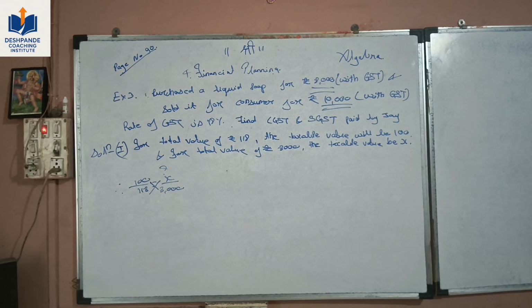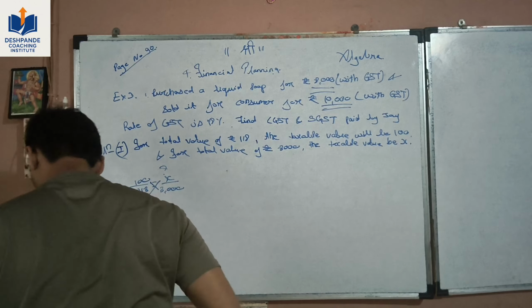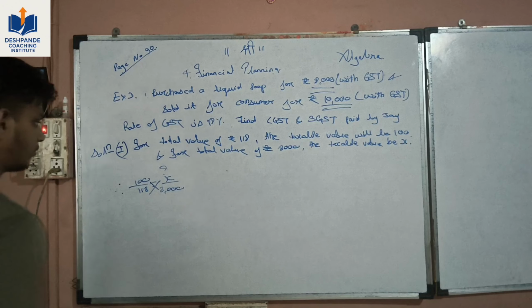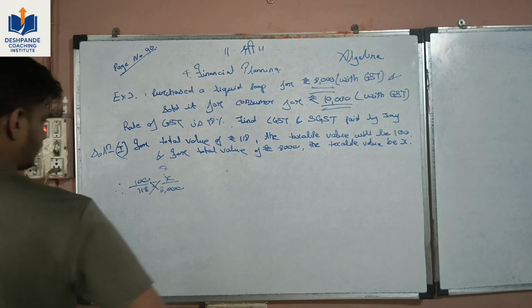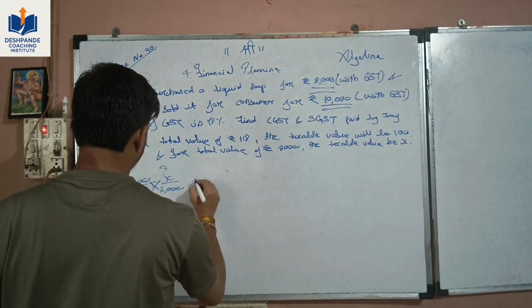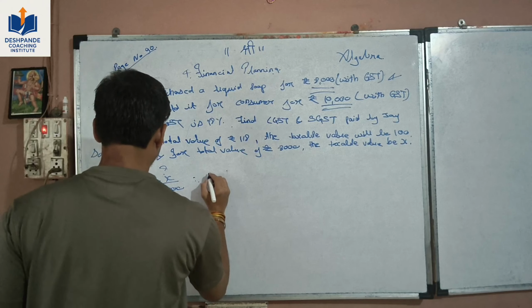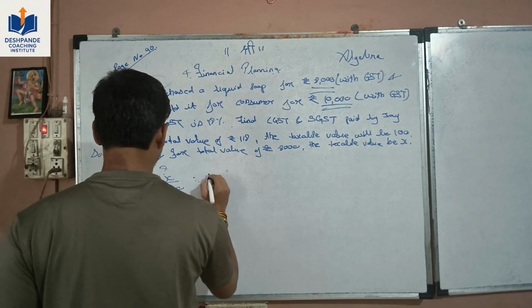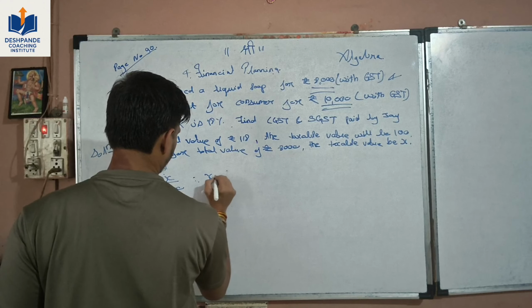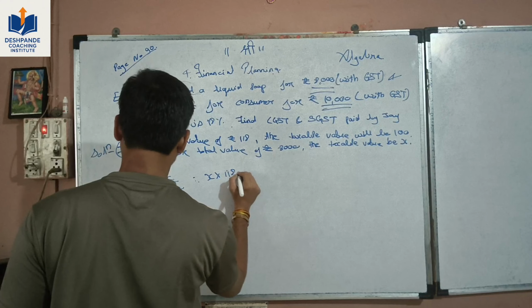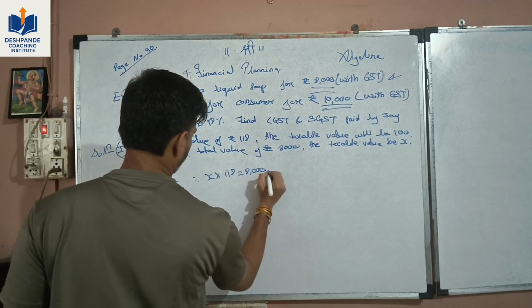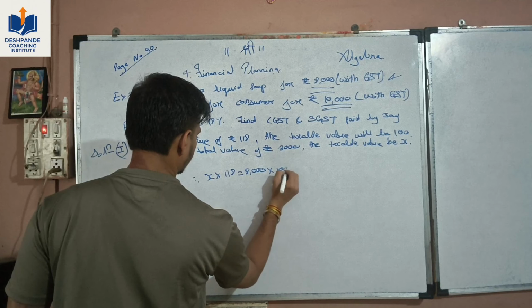Just wait guys. By solving this, what will be the equation? Therefore X into 118 is equal to 8,000 into 100.